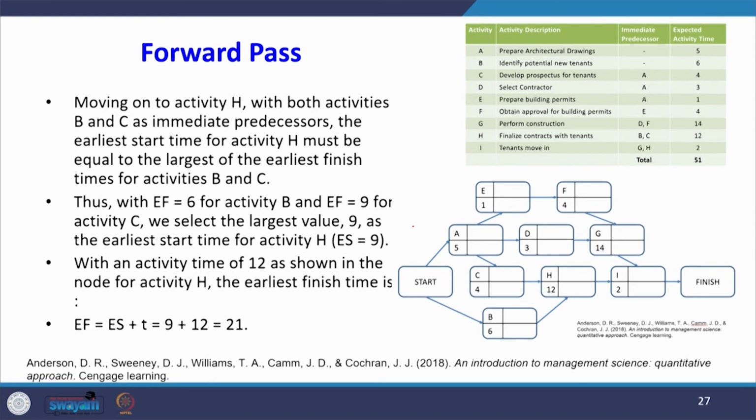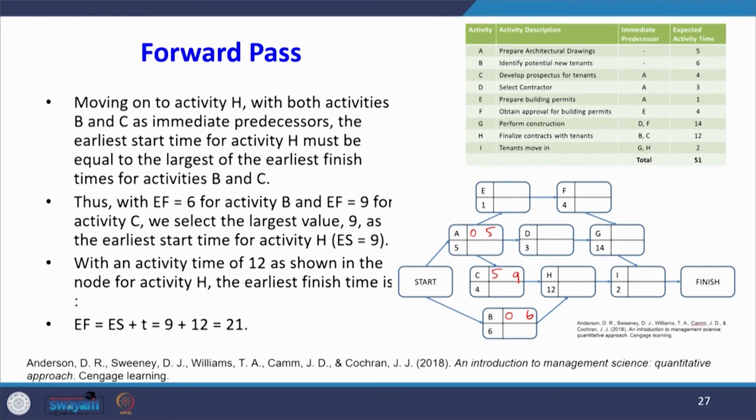Now, moving on to activity H. This activity H has two predecessors, B and C. For B, the earliest finish time is 6. For C, the earliest finish time is 9.